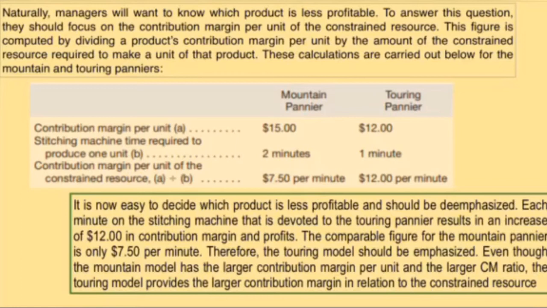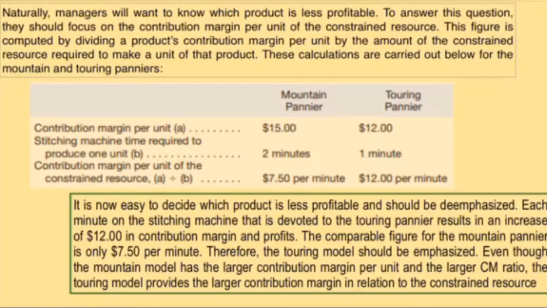So, for the contribution margin per unit of the constrained resource, we have $7.50 per minute for the mountain pannier, and for the touring pannier, we have $12 per minute. It is now easy to decide which product is less profitable and should be de-emphasized.